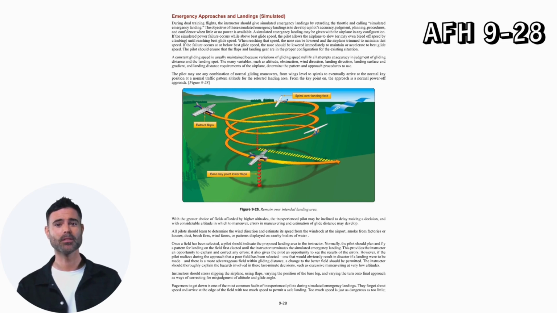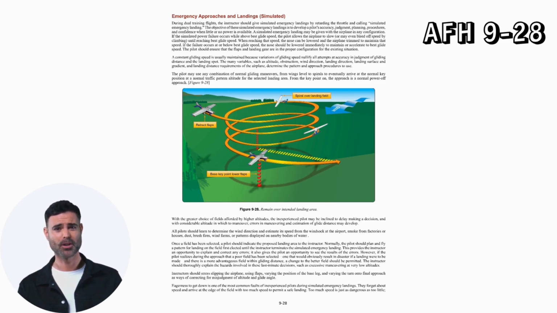The many variables, such as altitude, obstruction, wind direction, landing surface and gradient, and landing distance requirements of the airplane, determine the pattern and approach procedures to use. The pilot may use any combination of normal gliding maneuvers, from wings level to spirals, to eventually arrive at the normal key position at a normal traffic pattern altitude for the selected landing area.